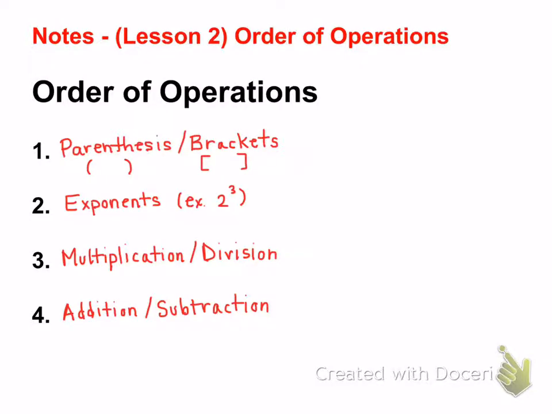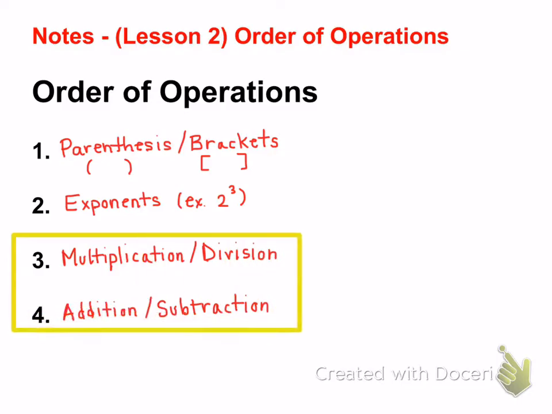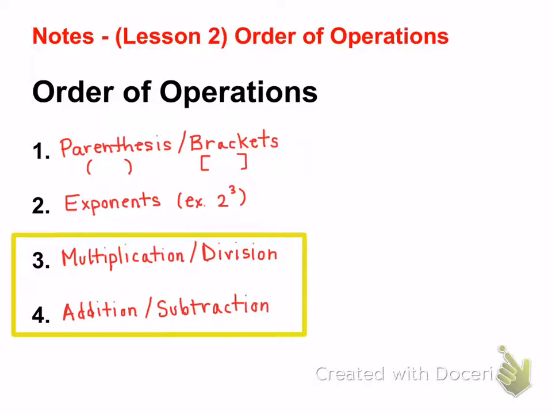Today we're going to focus truly just on these 2 steps. And we're going to talk about what happens when these operations get mixed up and how you have to solve those. So this is today.